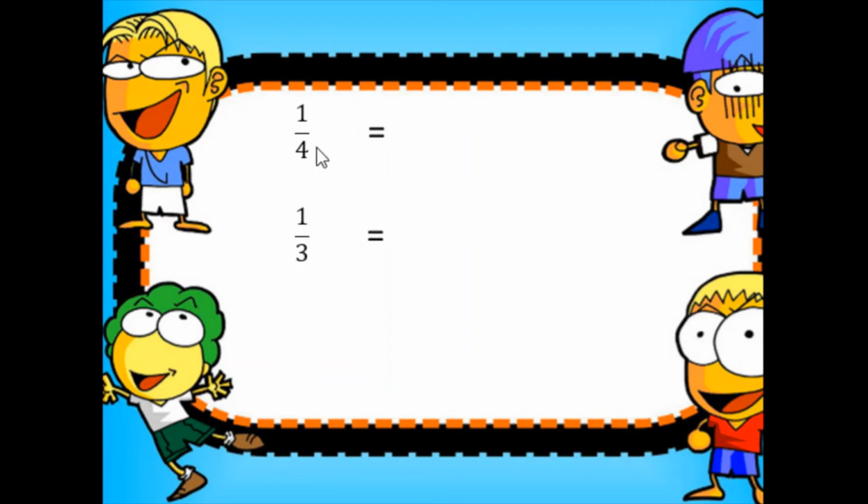Another way to compare fractions is to change it to decimal form. And we've already studied how to change fraction to decimal already, so it's easy. 1/4 in decimal is what? Okay, it's 0.25. Good job. How about 1/3 in decimal?